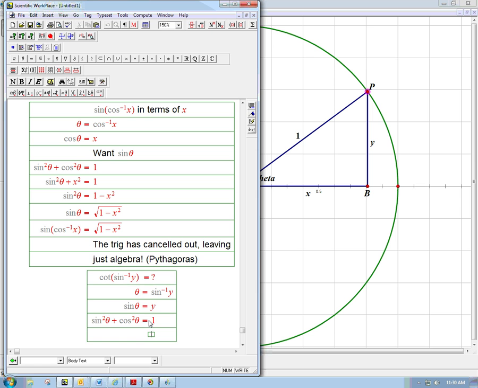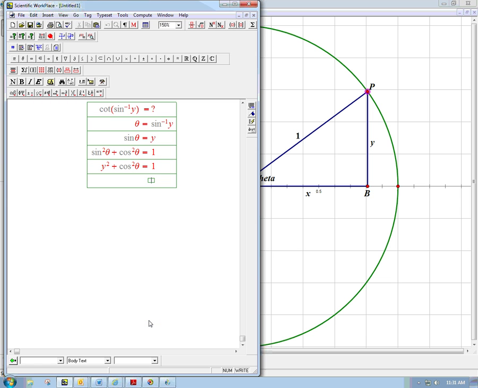Now it's the y that's known. Y squared plus cosine squared theta equals 1. So cosine squared theta equals 1 minus y squared. This is very familiar. And cosine theta equals the square root of 1 minus y squared.